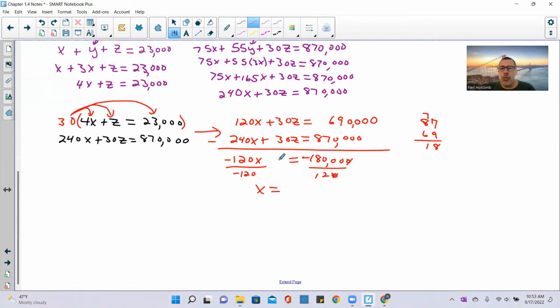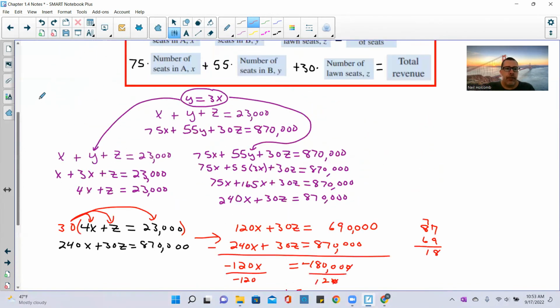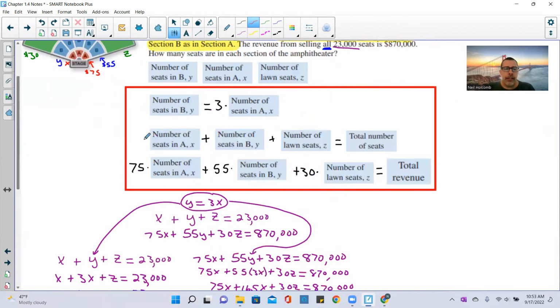Hey Siri, what's 180,000 divided by 120? 180,000 divided by 120 is 1,500. Okay, so when I do that, I get x equals 1,500. So there are 1,500 seats in A. A is x.